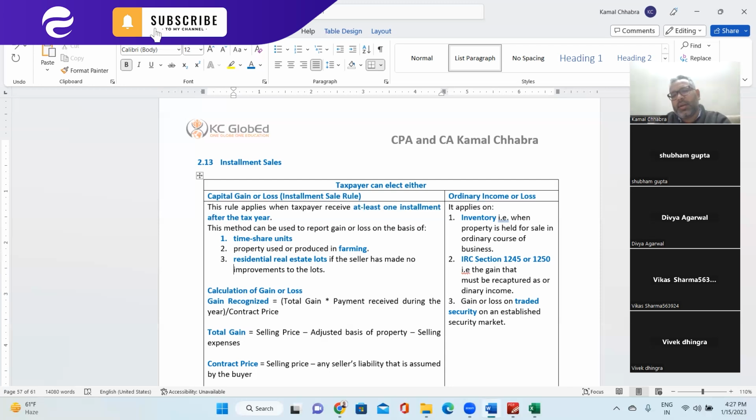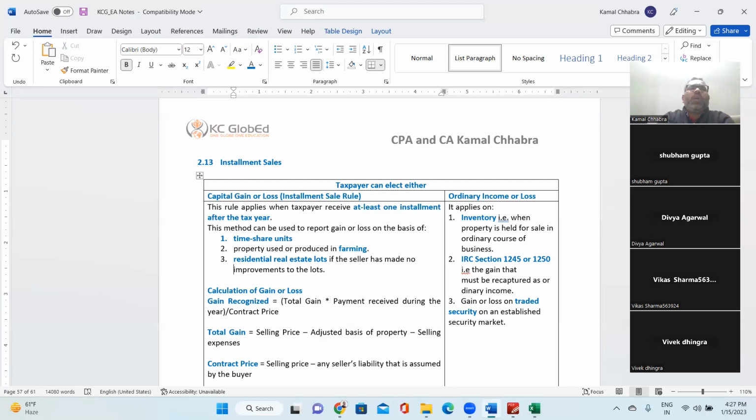Second is section 1245 and 1250 shares. If you are selling the small company's shares, we'll be discussing in detail in chapter 3 about section 1245 and 1250. These are small business unit shares. If you are selling the units or shares of the small business unit under section 1245 and 1250, that also would not be eligible for the capital gain method.